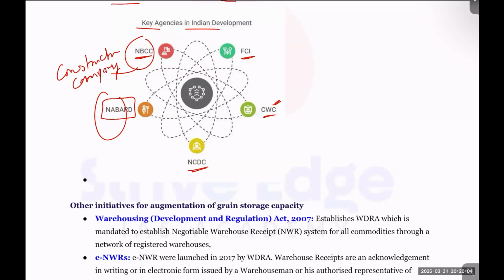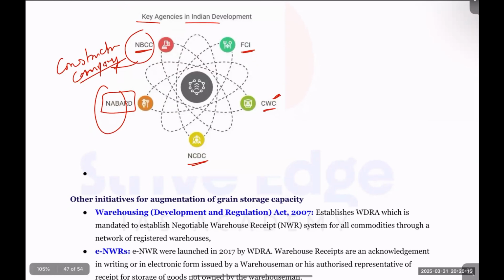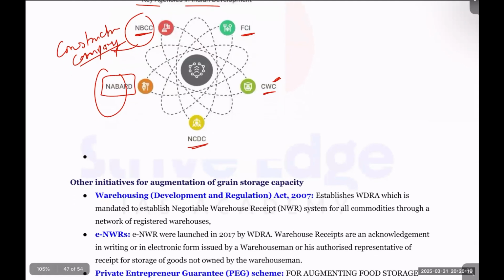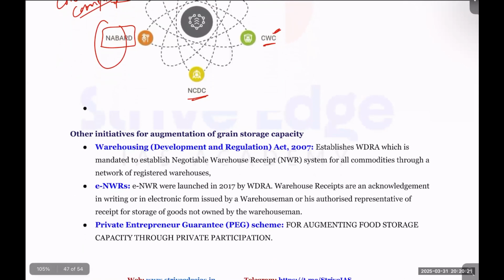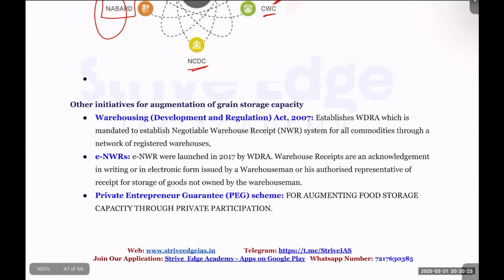So this agency will also be involved in the construction of those warehouses and other storage infrastructure, right? These are some of the most important agencies of the government of India which will be involved in the scheme, right?